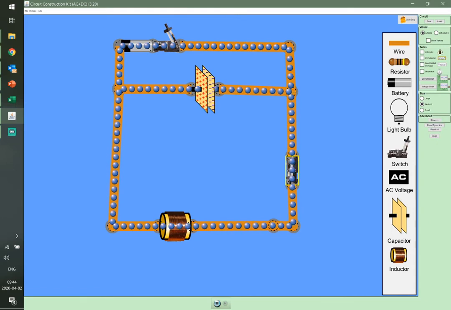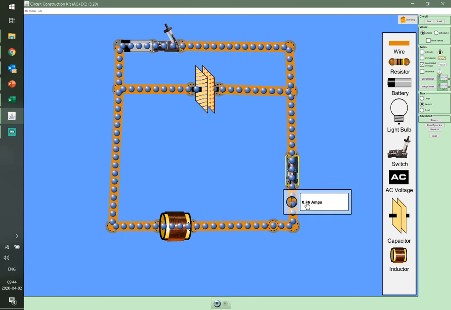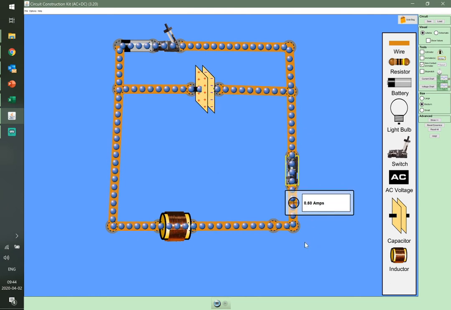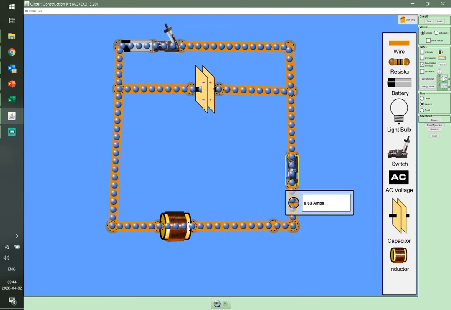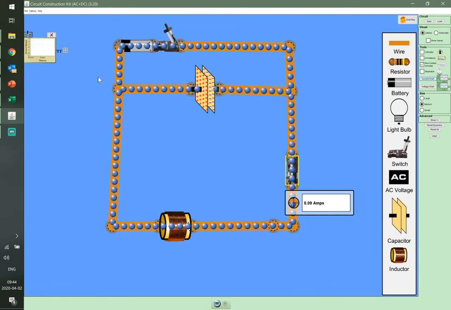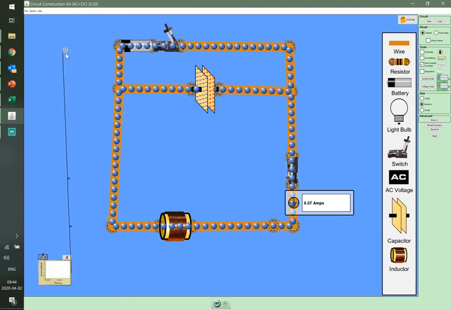Let me put an ammeter right here. You'll see that the number goes up, settles, goes the other way, and comes back down. If we were to show this on the chart, you can look at the current in the circuit.